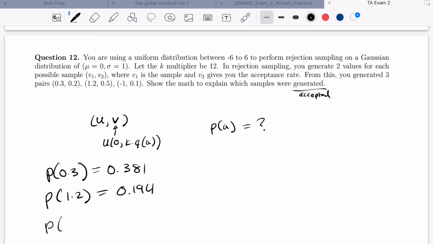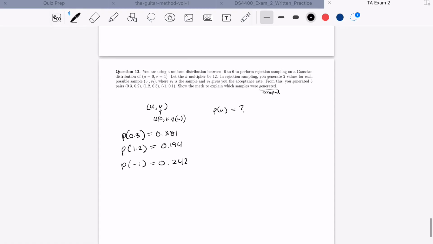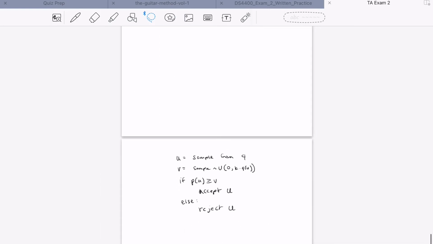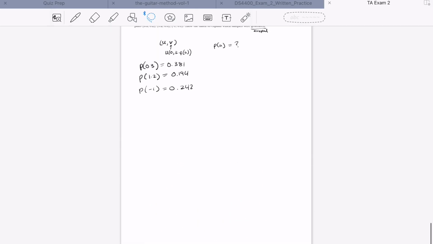And then P of -1 is equal to 0.242. Now with this in mind, I'm going to copy back our pseudocode that we used for running one iteration of rejection sampling. So let's move that up.